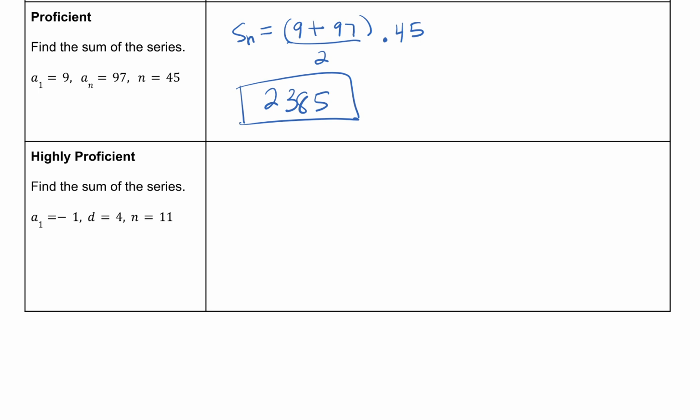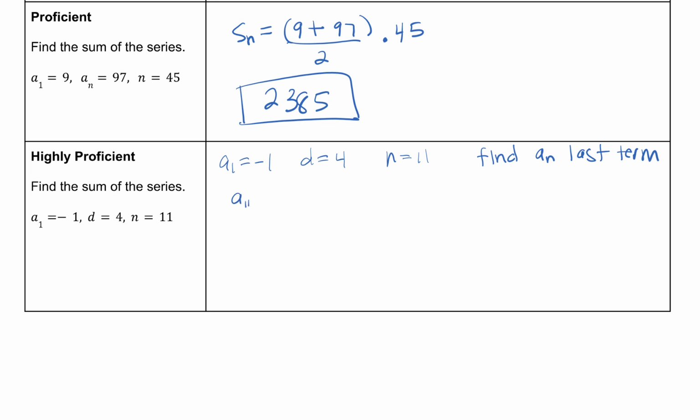All right, and then the last one, we've got a1 equals negative 1, d equals 4, and n equals 11. So I have to use this information to find an, the last term. To find the last term, I'm going to write the explicit formula. an is a11 in this case.